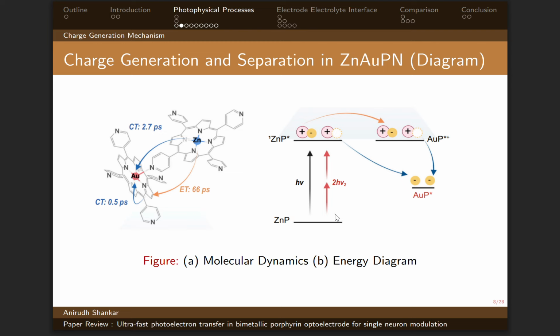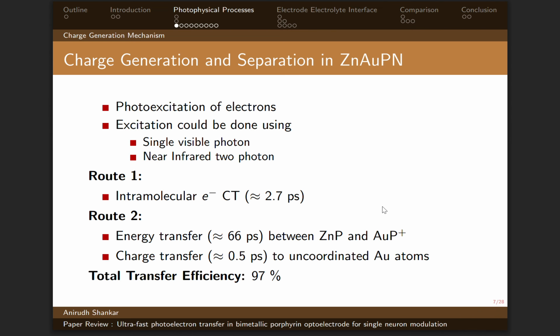And this, as we saw earlier, is excitation from zinc porphyrin to its excited singlet state using either a single photon or two near infrared photons. And this excited electron can either move directly via charge transfer from this excited ZnP to this AuP in 2.7 picoseconds.